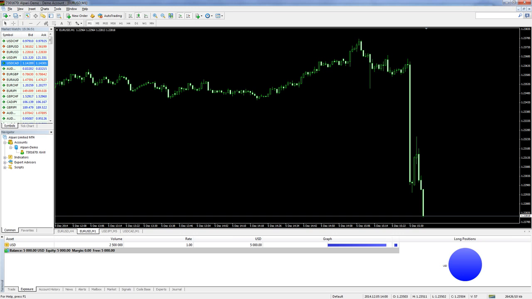And as you can see, we saw a huge drop in the euro dollar currency pair once the news was released at 8:30 a.m. New York time. And so this massive spike, how would we go about trading it if we're waiting for it and if we're watching the news?